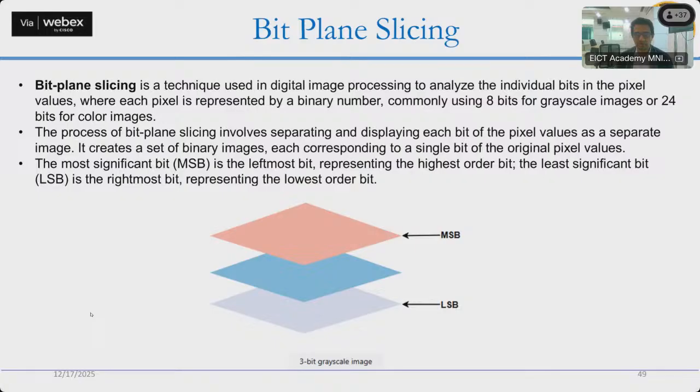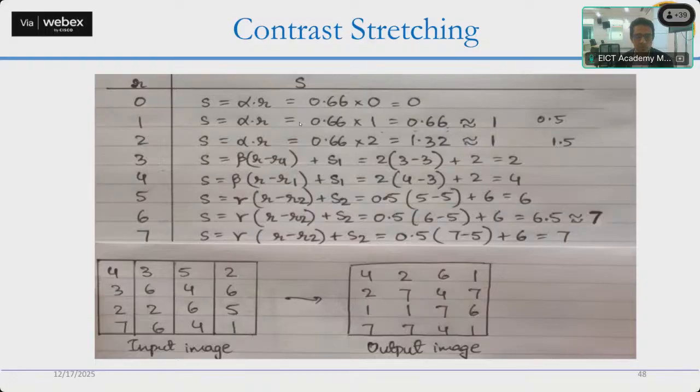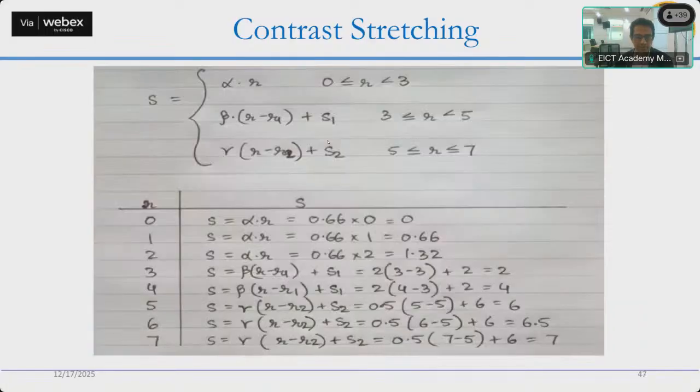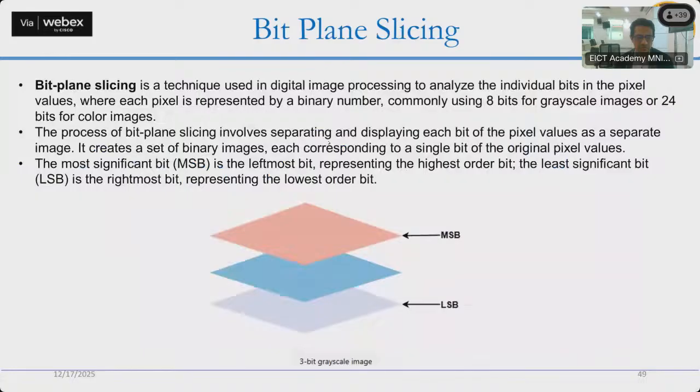But right now the main thing is the appearance: if I have processed an image, how much better has it become to comprehend. That is the main thing. So a parameter is not clearly defined when we go through these things. So bit plane slicing, or contrast stretching, I think you would have well understood.